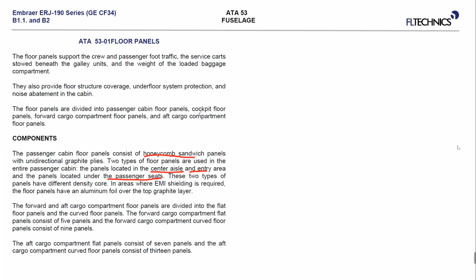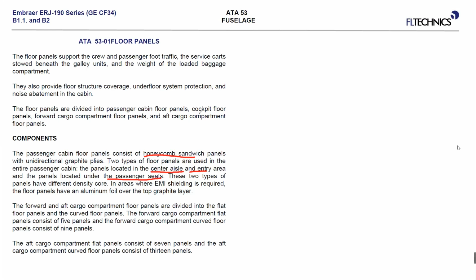When you talk about the cargo compartments, you know that we have specific panels, flat panels and curved panels. We also checked yesterday some restrictions for some kind of damage, and yes, they're specific.